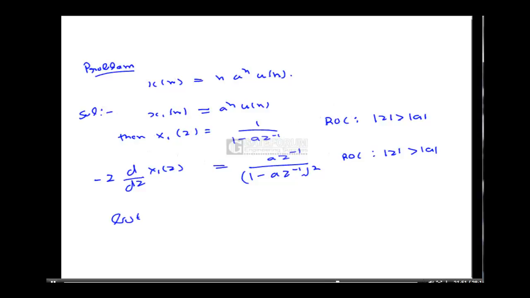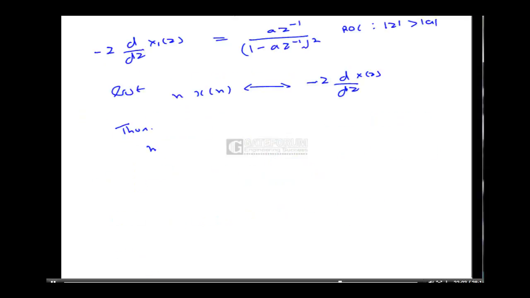But n x of n will have Z transform as minus z d by dz X of z. Thus, n a to the power n u of n will have Z transform as a z inverse upon 1 minus a z inverse whole square. Okay, ROC in this case will be mod z greater than mod a.